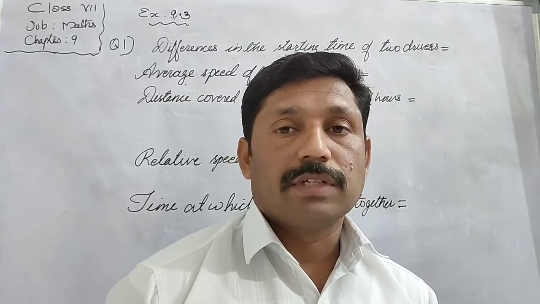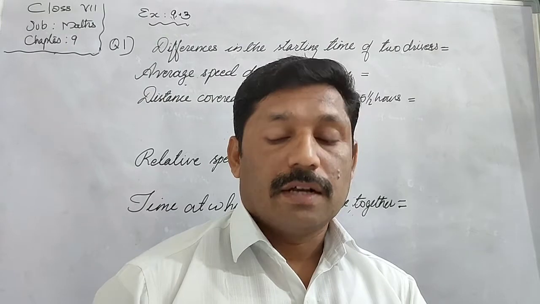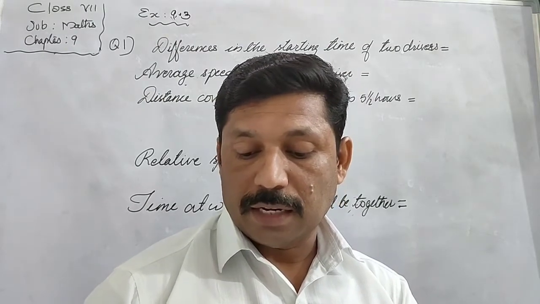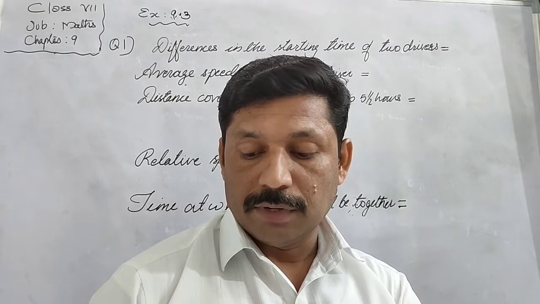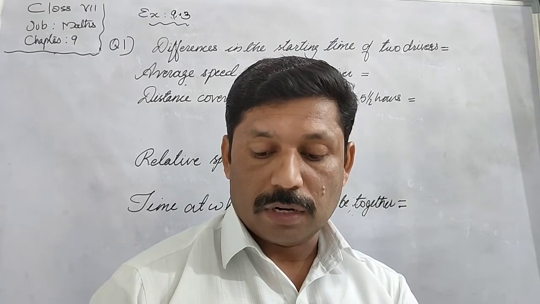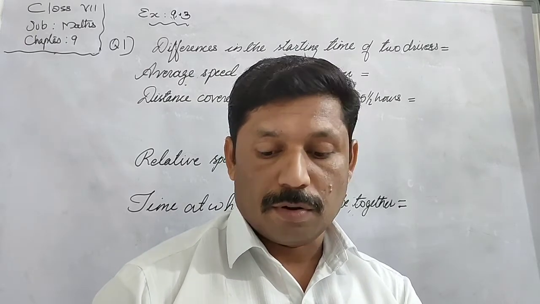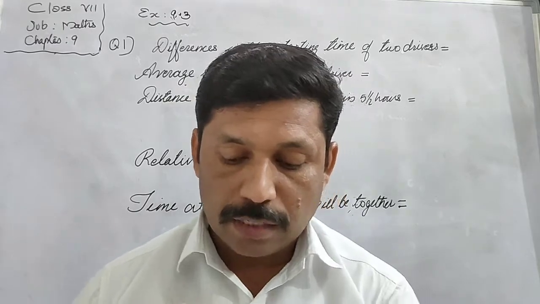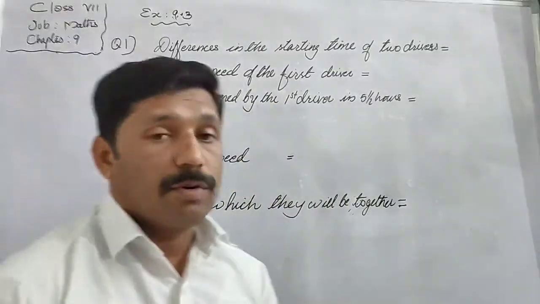So we have to find the relative speed, and then divide the distance covered by the relative speed. The total distance they cover, we have to find out and divide.